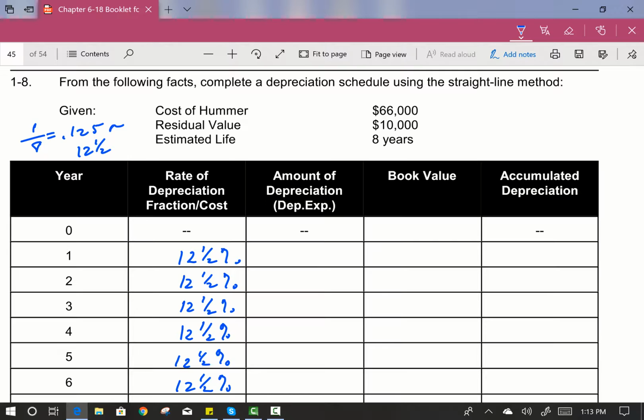And the amount of depreciation is the depreciable amount, which is $56,000. That's the depreciable amount, and I'm going to divide that by 8 years. Equals $7,000. That's the depreciation expense. So it's the same each year.